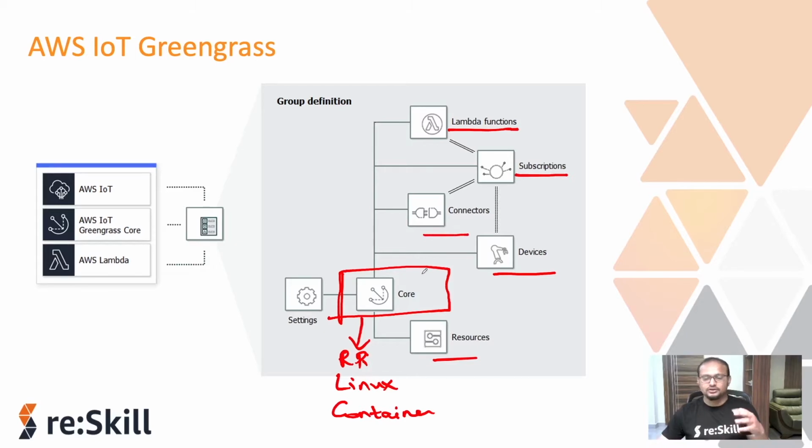If Greengrass needs to talk to other AWS services or third-party services, or if we want to model the data, the connector will create that interface for it. Now, all of these things put together is what we call a Greengrass group.